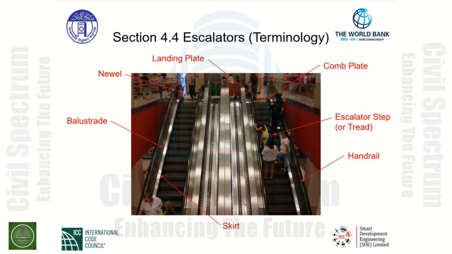Last, the landing plate is considered the portion of the building or structure which is used to receive or discharge passengers into or from an escalator. This gives us a clear vision of the components that make up escalators.